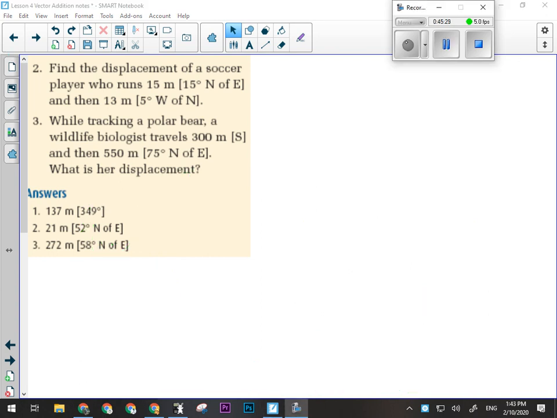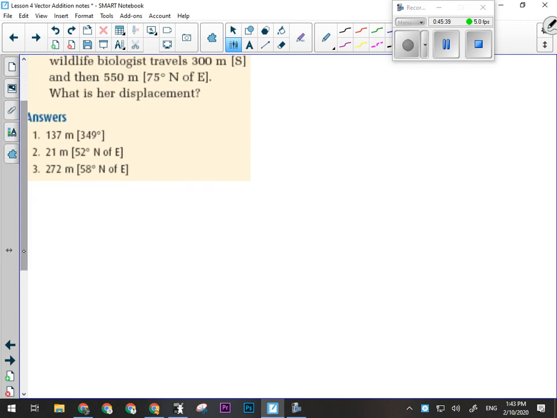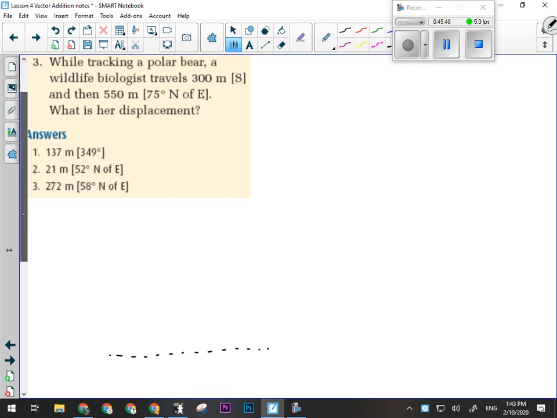Okay, so let's have a look at the picture for this one. We've got a 15 meter vector that's 15 degrees north of east. So we're going to draw a line that's due east first, and we're going to go 15 degrees north of that. 15 degrees is obviously not very much, it's a pretty shallow triangle. This is 15 meters.